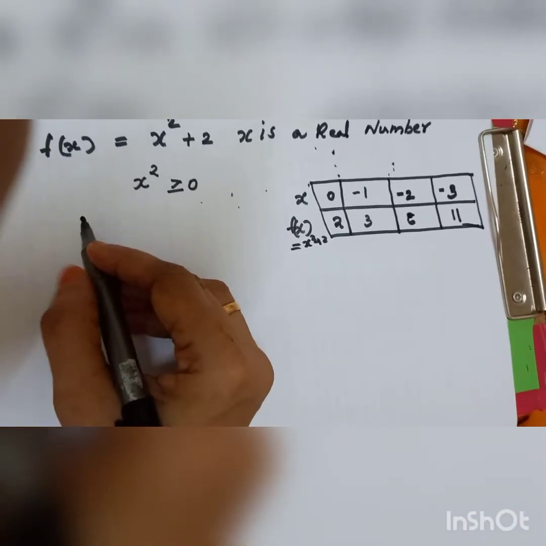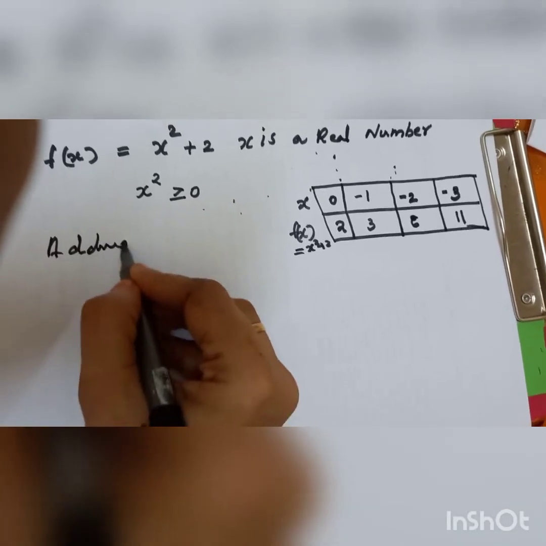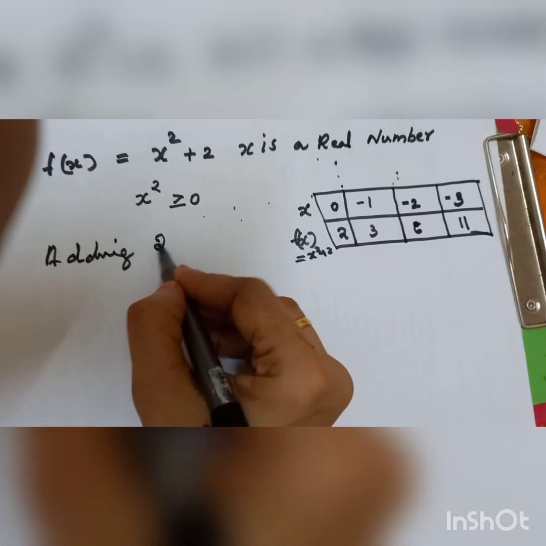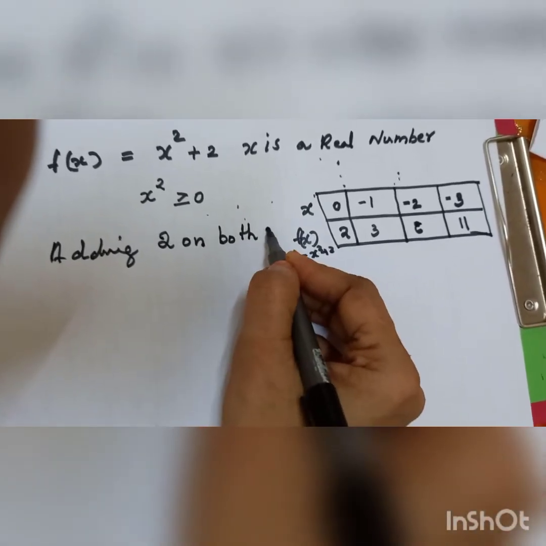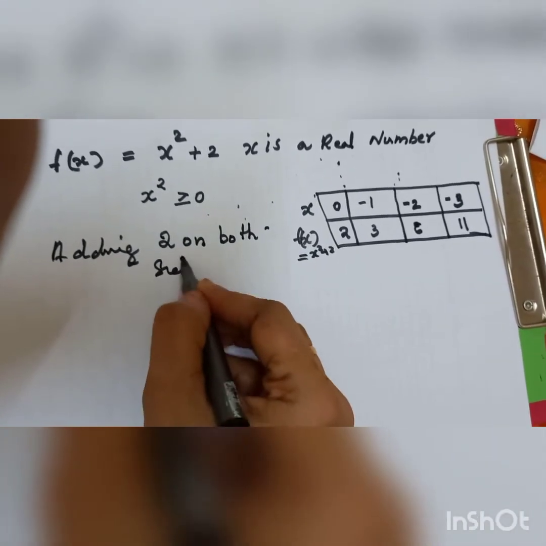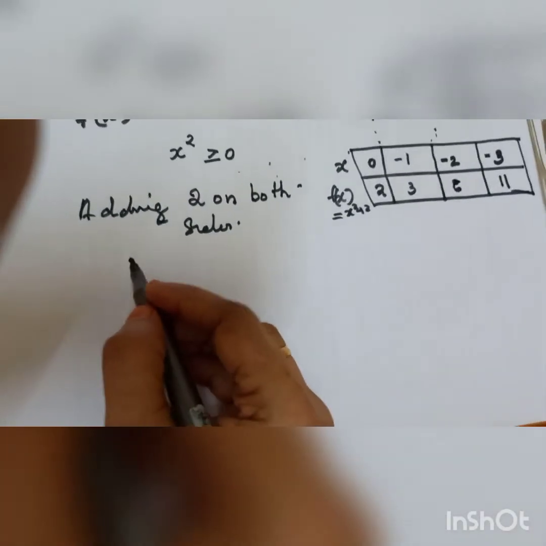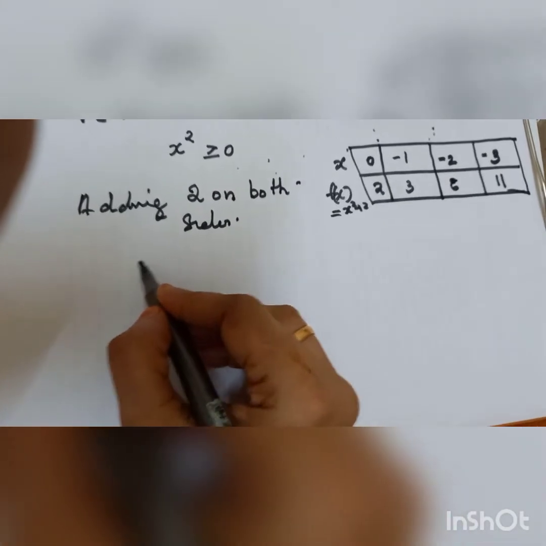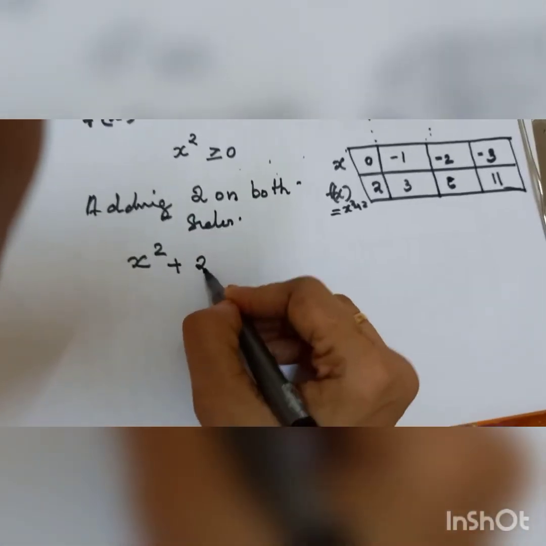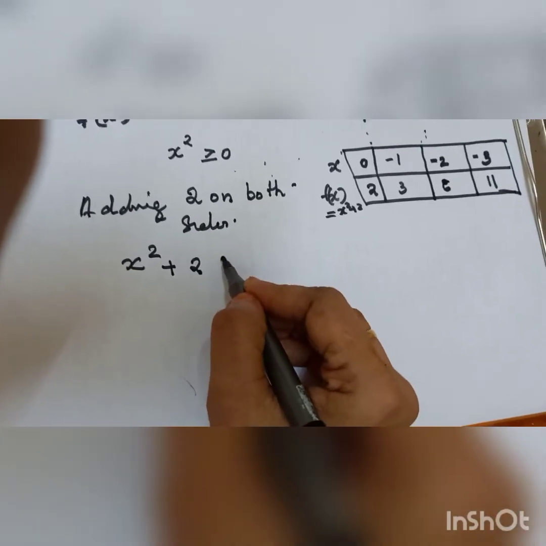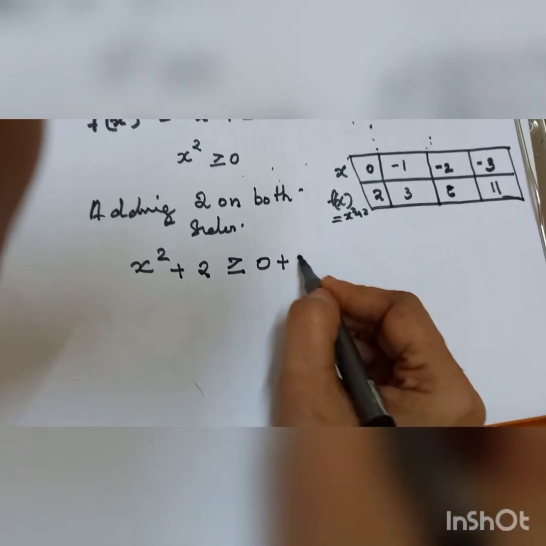Next step, adding 2 on both sides. So x square plus 2 is greater than or equal to 0 plus 2.